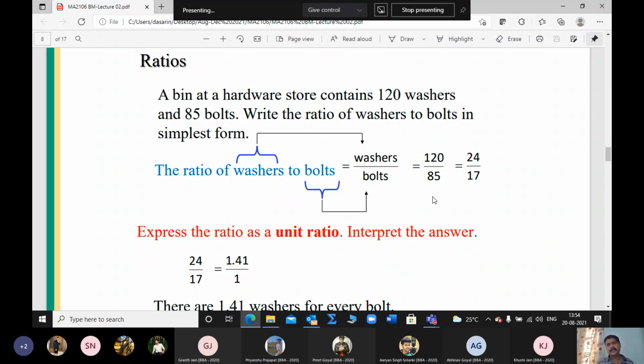For 120 and 85, 5 is the common factor. I can cancel 120 with 5 to get 24, and 85 with 5 to get 17. So the simplest form of the ratio would become 24 divided by 17.